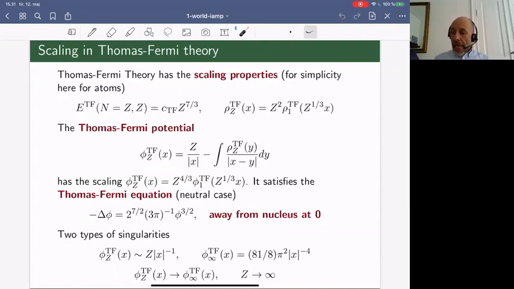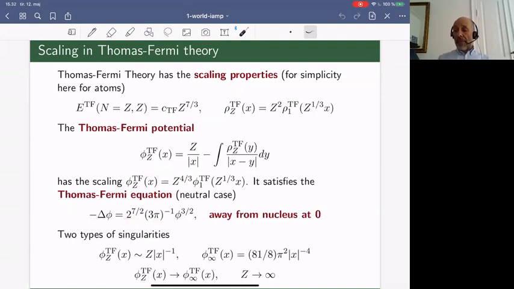And in that case, the Euler-Lagrange equation for this minimization can be expressed as a differential equation for the potential phi TF z of x, and it's the equation that I wrote here. So you can show that phi will be greater than or equal to 0, and minus Laplacian phi will be equal to phi to the 3/2 times a universal constant here.